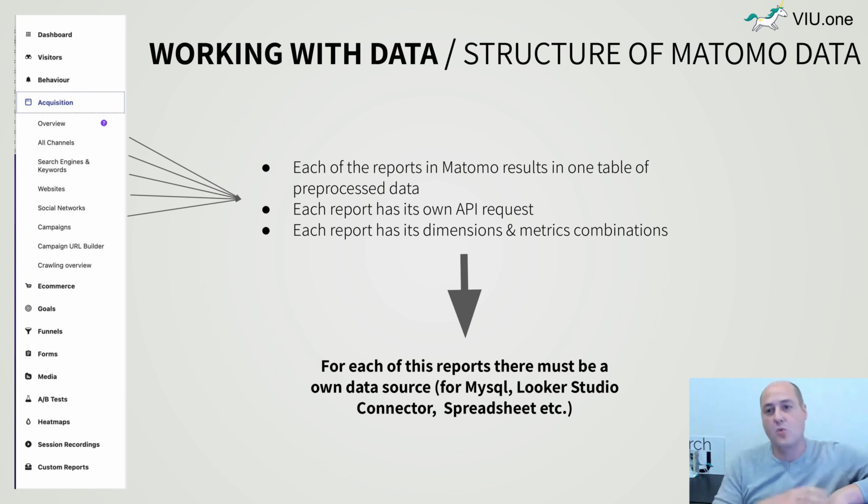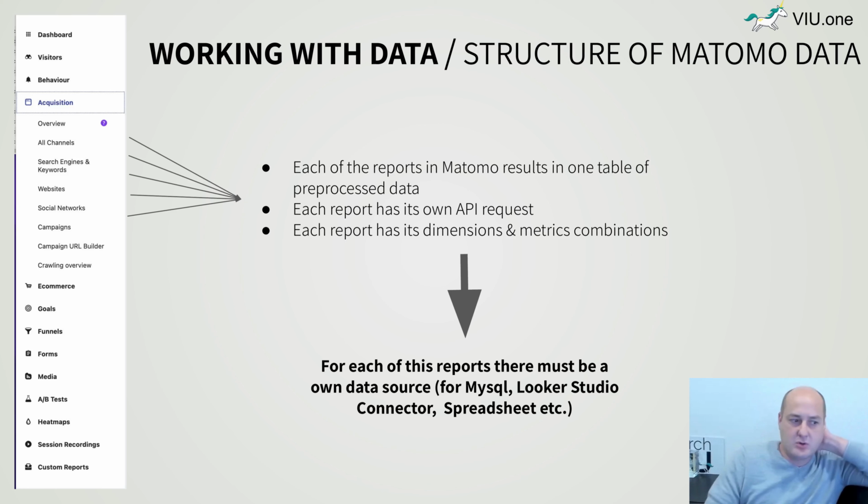So what we need to know, as I've mentioned a little bit earlier, is the structure of the Matomo data when we want to work with it. You have different reports here on the left in the navigation of Matomo about visitors, behavior, acquisition, and so on.